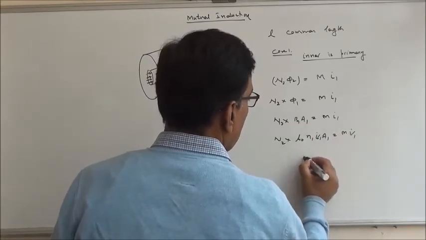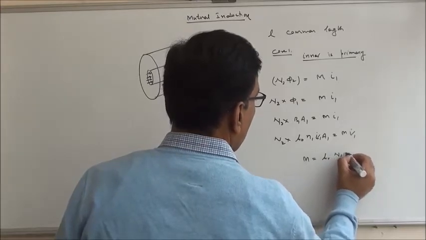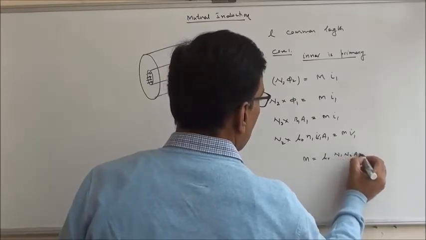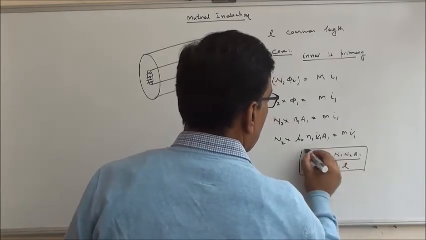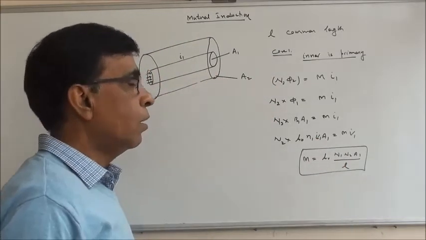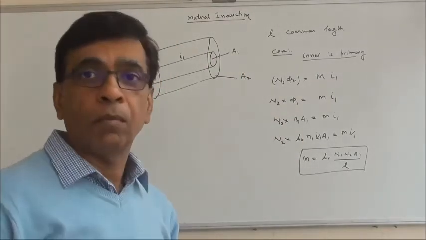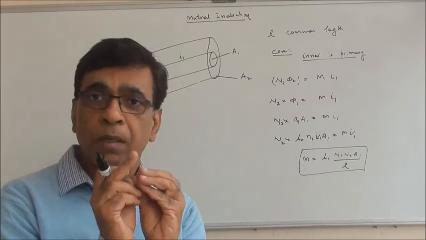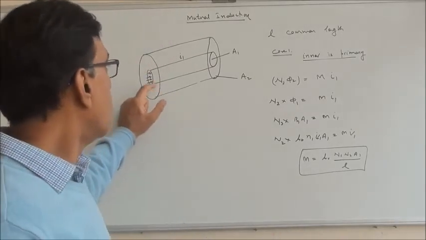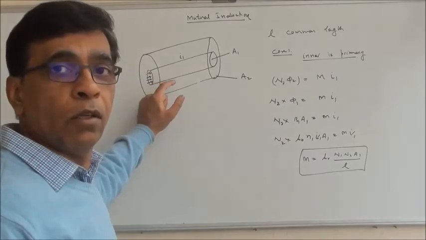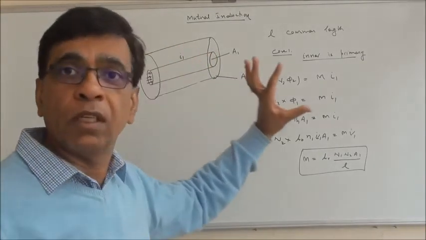I1 gets cancelled, and we get M as mu naught N1 N2 A1 upon L. This is when I am taking the inner one as the primary. So one point to be kept in mind: if the inner is primary, there is no field outside, so the flux for the outer one is the same as the flux for the inner one.